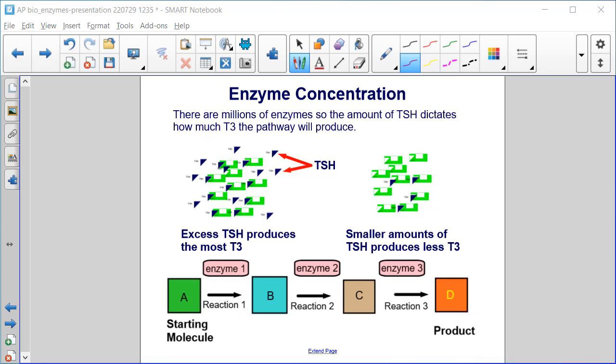There are millions of enzymes. So the amount of TSH available is what dictates how much T3 the pathway will produce. In the example on the left, we have lots and lots and lots of TSH. Excess TSH will produce the most T3 product. Smaller amounts, though, will produce less.